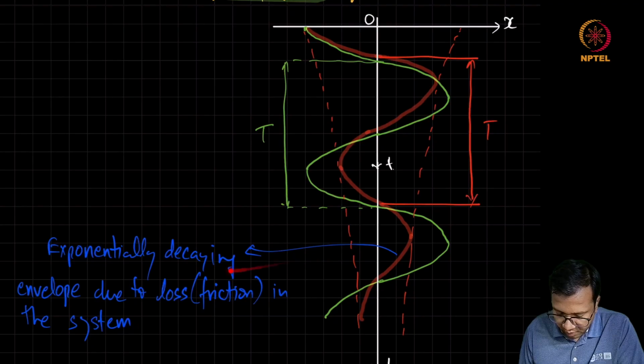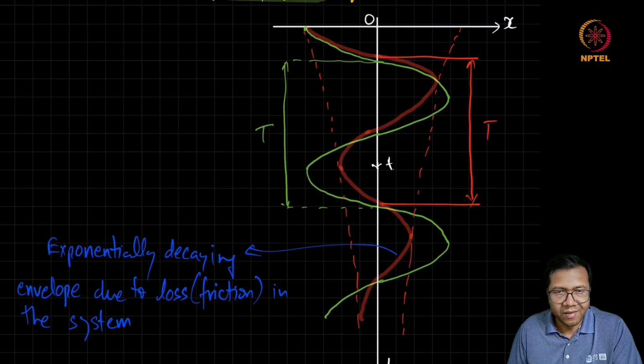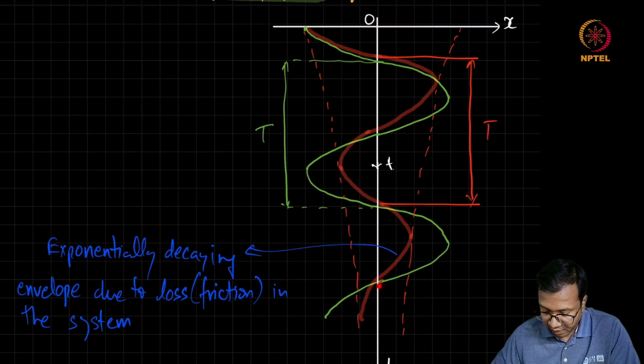So in reality, such systems are not able to sustain the oscillations. These oscillations are going to die down because of practical losses. But at least this example gives us an idea that it is possible to create a self-driven system where we have two forms of energy and they are coupled in such a way that there is a continuous exchange between the two forms.